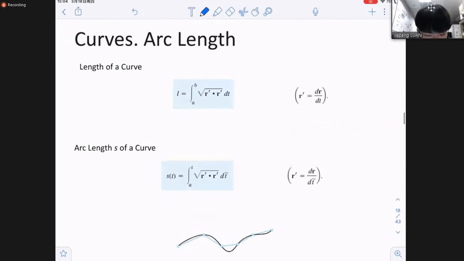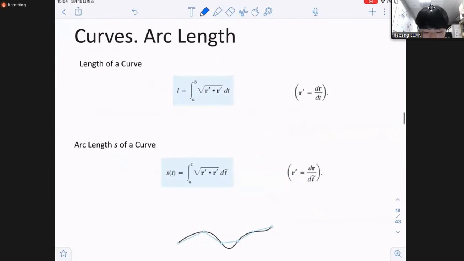And then is something about curves and arc length. The length of a curve has an equation like this. If it is a curve from A to B, you want to calculate the length of this curve. You just use this equation.